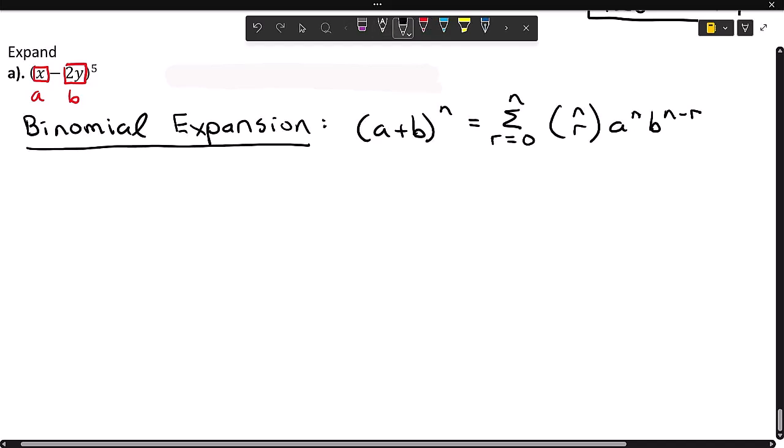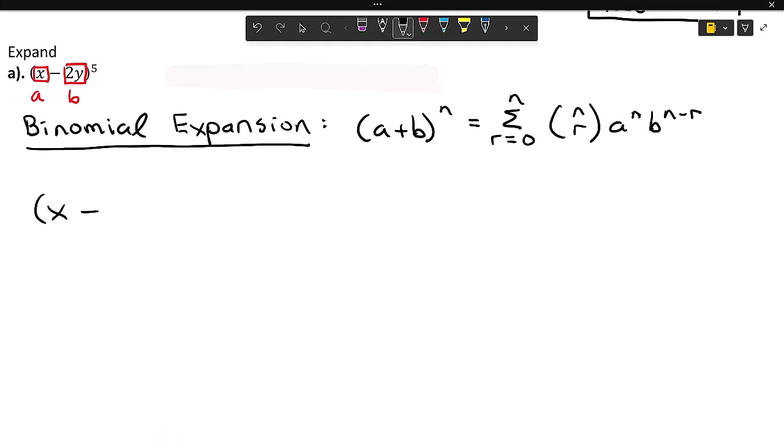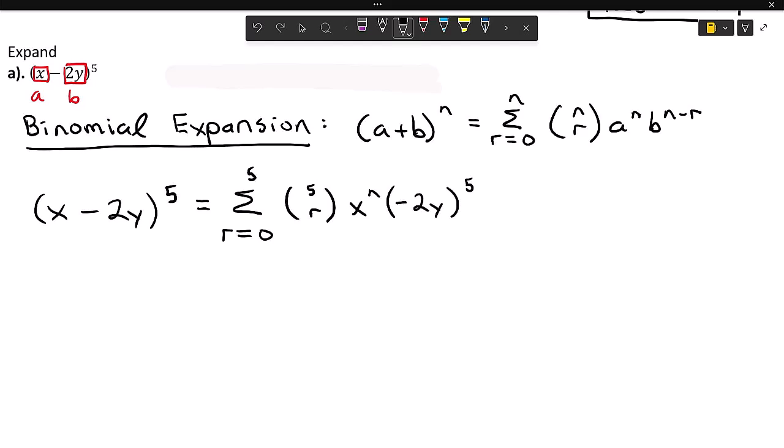So when we apply the binomial expansion to x minus 2y to the 5th, that's going to be the summation, r equals 0 to 5, of 5 choose r, x to the r, negative 2y to the 5 minus r. And so we're just going to go one term at a time here.